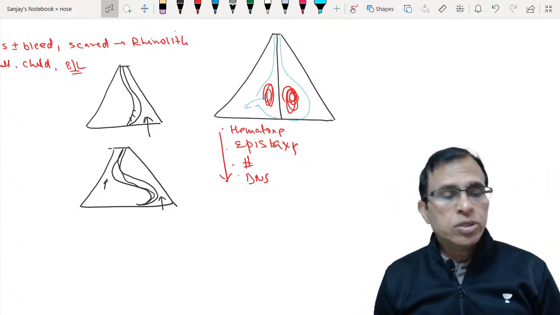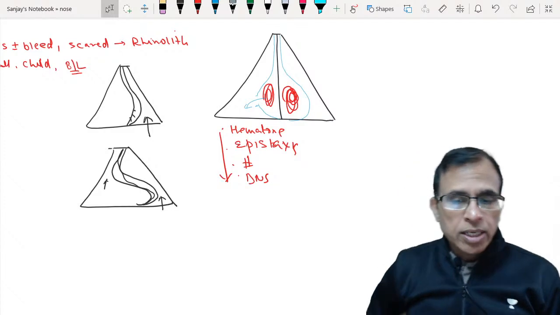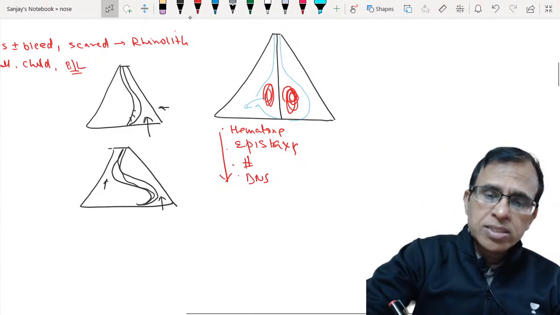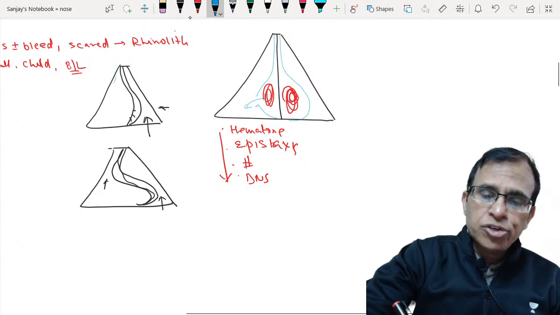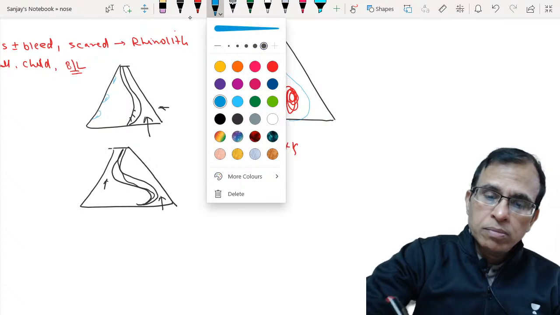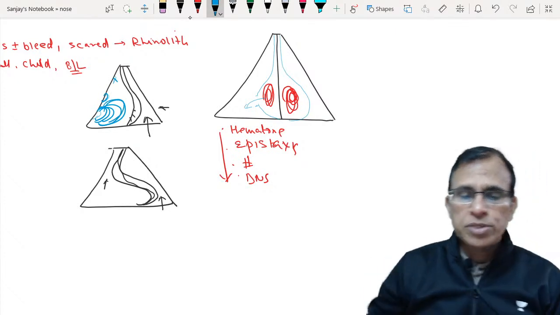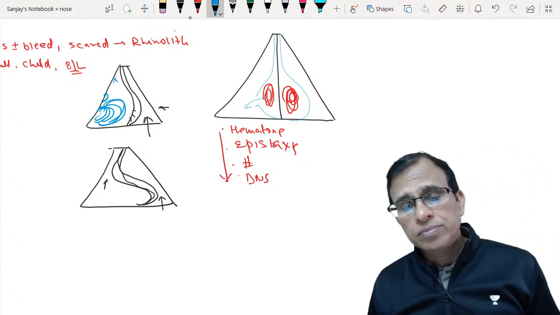So DNS can cause unilateral obstruction, bilateral obstruction, and even in unilateral obstruction, what usually happens is that on the other side, the normal side, there are three turbinates like this. This inferior turbinate becomes hypertrophied, inferior turbinate hypertrophy, and this hypertrophy of the inferior turbinate can cause obstruction. Now again it is bilateral obstruction.